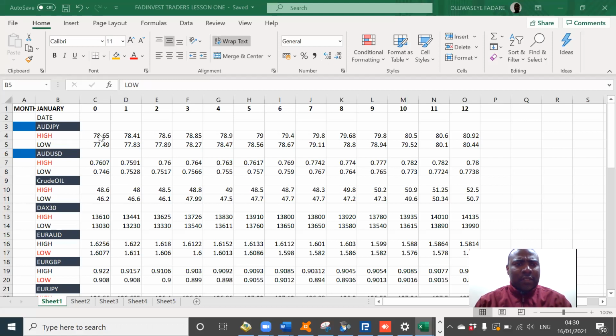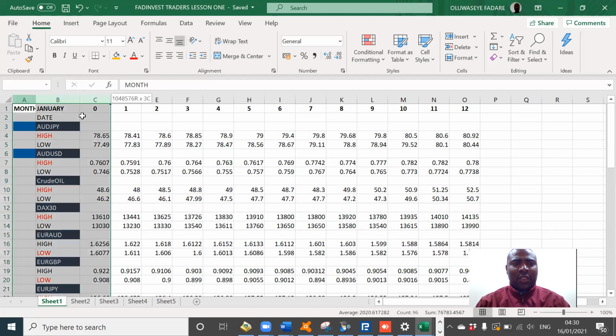On a daily basis, like I said, we have the high price and the low price. So this is where we need as much information as possible.